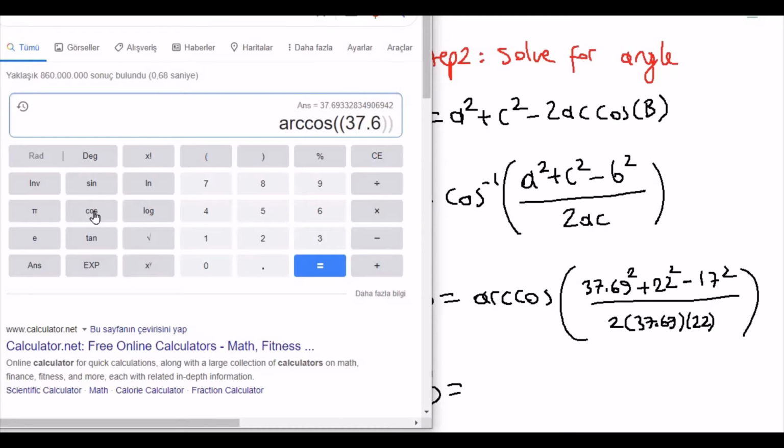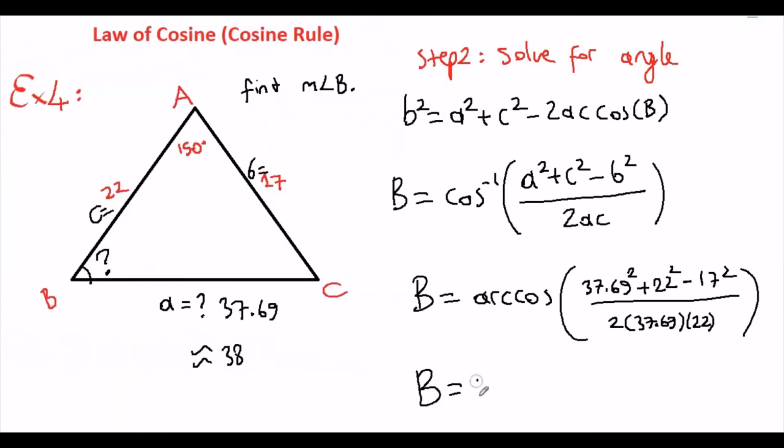So 37.69 squared plus 22 squared minus 17 squared, close parentheses, divided by the denominator, 2 times 37.69 times 22, close parentheses, and make sure your calculator is in degree mode, and your answer is 13.04. And the nearest degree is 13 degrees. So we know that our B is 13 degrees.